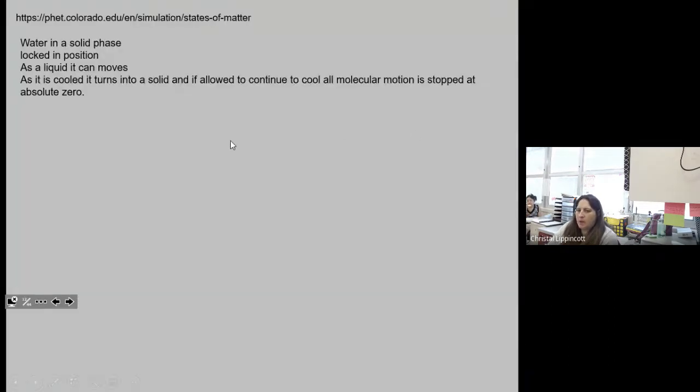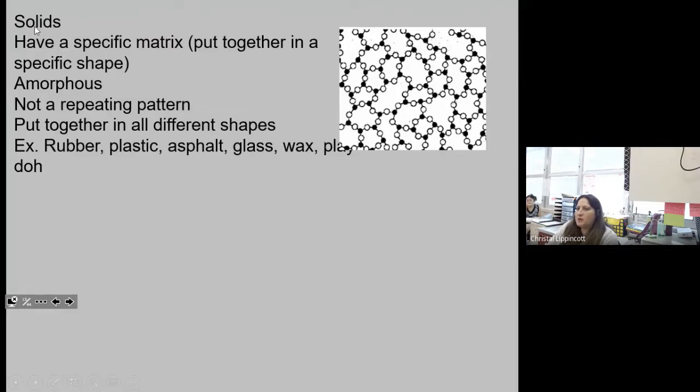Okay. So in solids, they have a specific matrix that's formed. Okay. And when we have a specific matrix that's formed, that gives us our solid. And it's the connections here between those IMFs, those forces that cause that to happen.